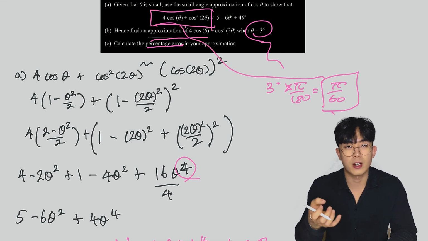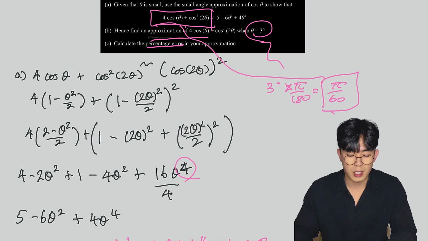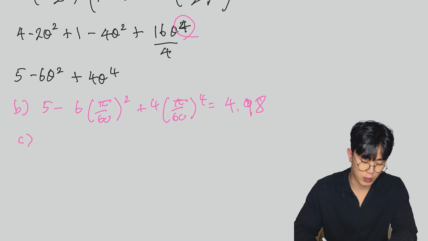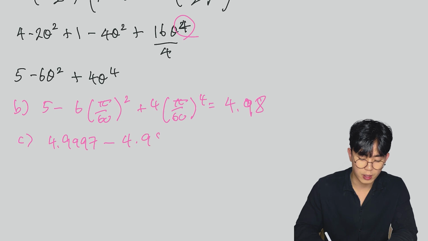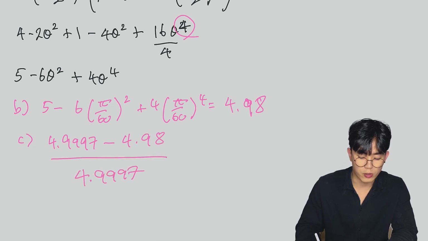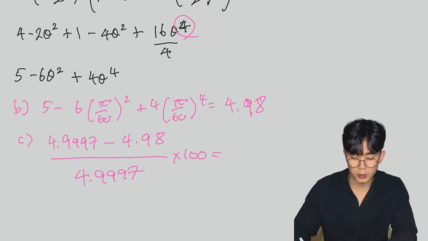And the approximated value is the one I got in part B. So if I was to plug this pi over 60 into the real part, I would get 4.9997. We subtract the approximated one, 4.98, divided by the exact one, and multiply it by 100, leaving us with 0.32% like this.